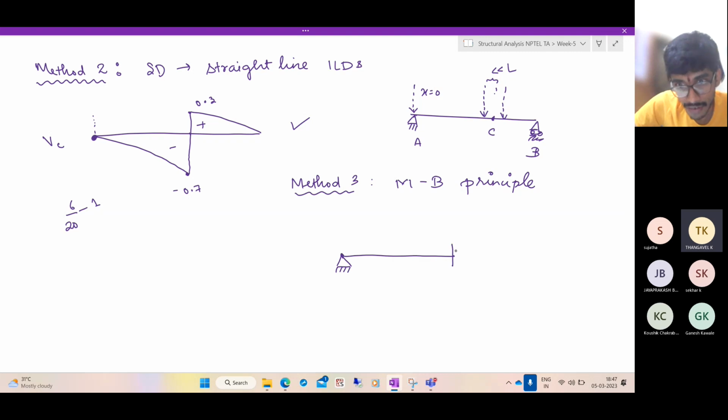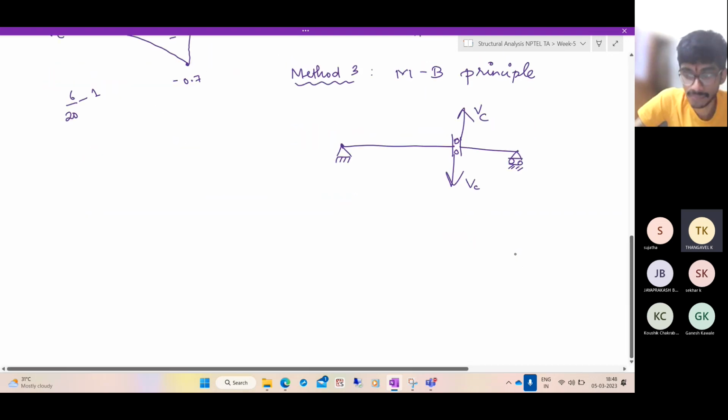So at C, replace it with a guided roller, and then apply onto this point what you want to compute. So apply VC here. Now, how will this deform? This side will go down, this side will go up, and it will deform something like this.